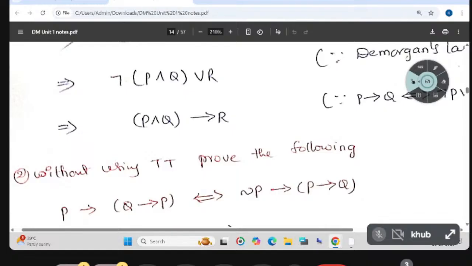Has anyone completed the problem? At least LHS? LHS side? What is the answer towards LHS? What is the answer of LHS?